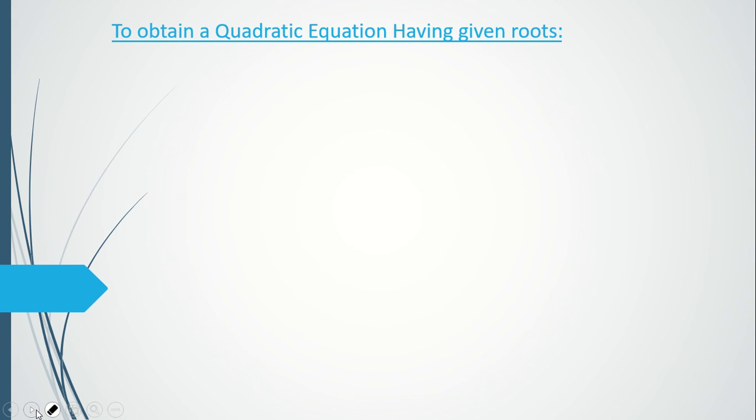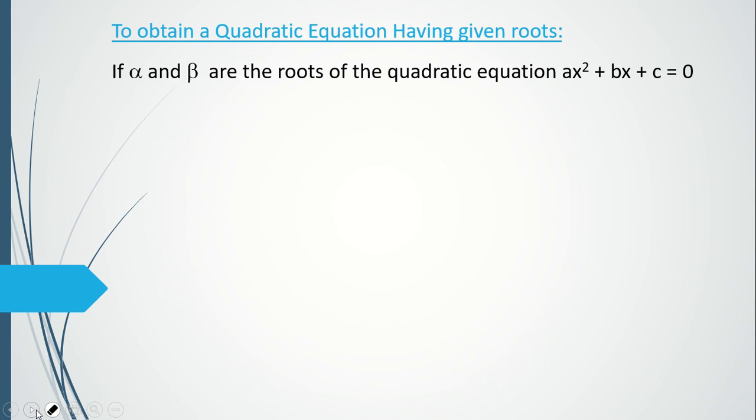Now to obtain a quadratic equation having given roots. Now if alpha and beta are the roots of the quadratic equation ax square plus bx plus c is equal to 0, sometimes the question is asked this way, that the two roots of the equation are given, alpha and beta, form the equation having roots alpha and beta.